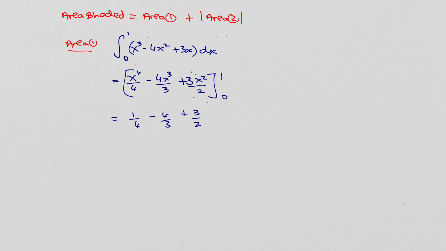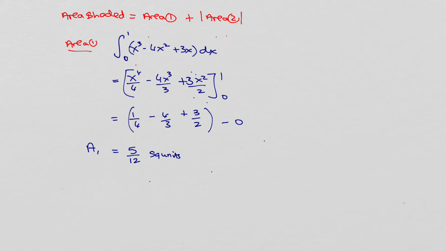And then if I sub in 0, well, I have 0 over 4, 0 over 3, 0 over 2, and that will multiply to give me 0. So 4 times 0 cubed over 3 is 0. 3 times 0 squared over 2 is 0. So a quarter minus 4/3 plus 3 over 2 gives me an area of 5 over 12 square units for area 1.